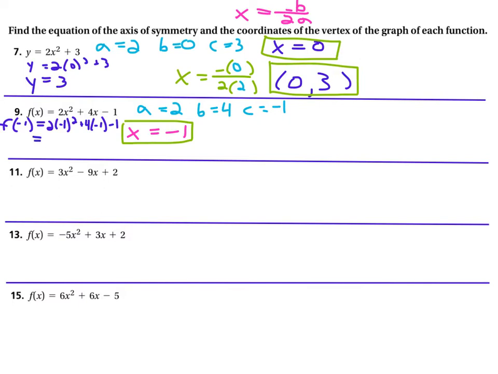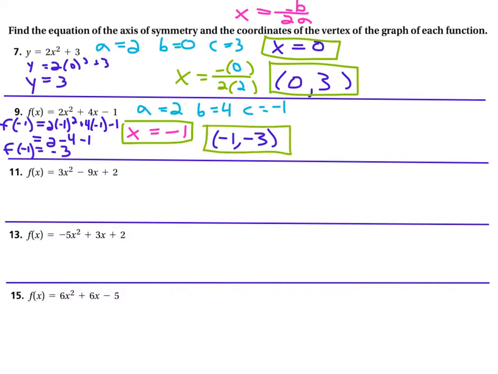Negative 1 squared is 1, and 1 times 2 is 2, and 4 times negative 1 is negative 4, and then minus 1. So 2 minus 4 is negative 2, minus 1 is negative 3. What we plugged in was negative 1, and what we got out was negative 3. So we've got the coordinates negative 1, comma, negative 3, and that is the vertex.